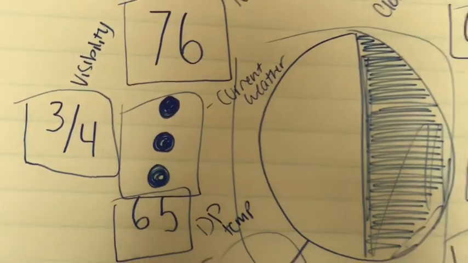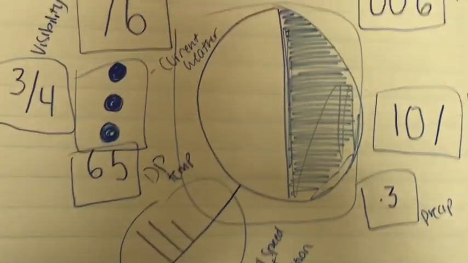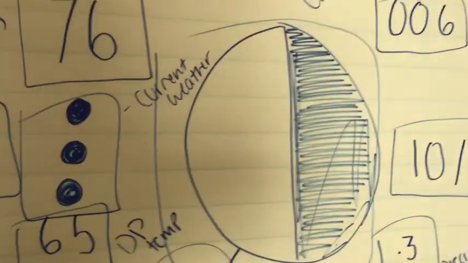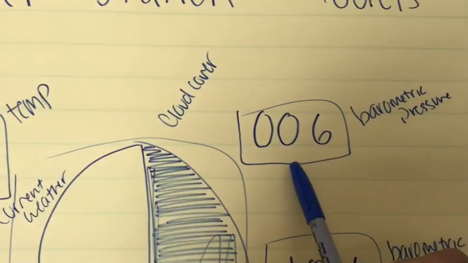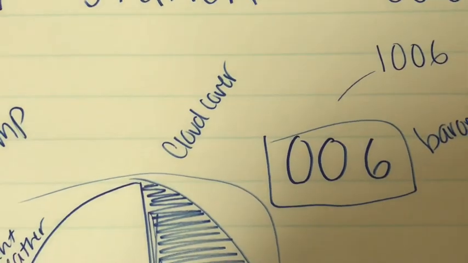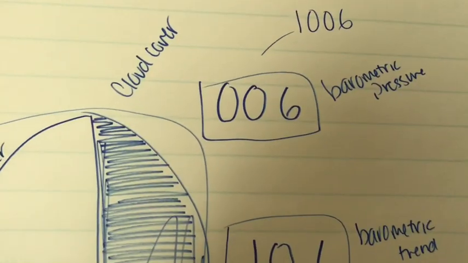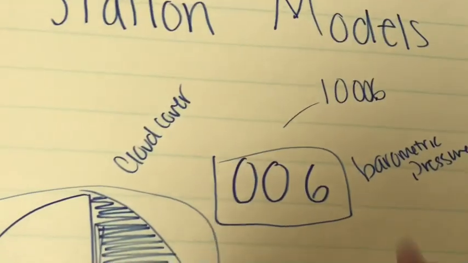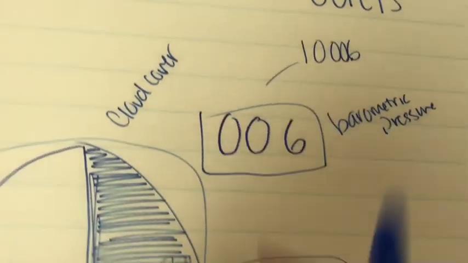I'm just going to go over this real quick. Cloud cover, this is partly cloudy. Your barometric pressure is actually, remember, we're going to add that 10 in front of it. I'm sorry, that was wrong. You're going to add that 10 in front of it, or the 9, depending on what the 3-digit number is.